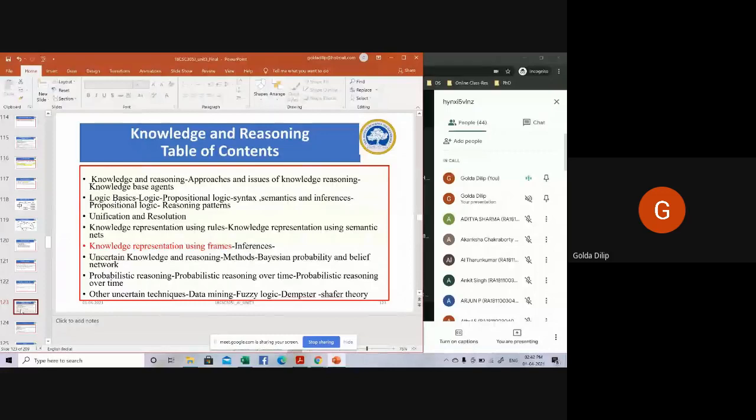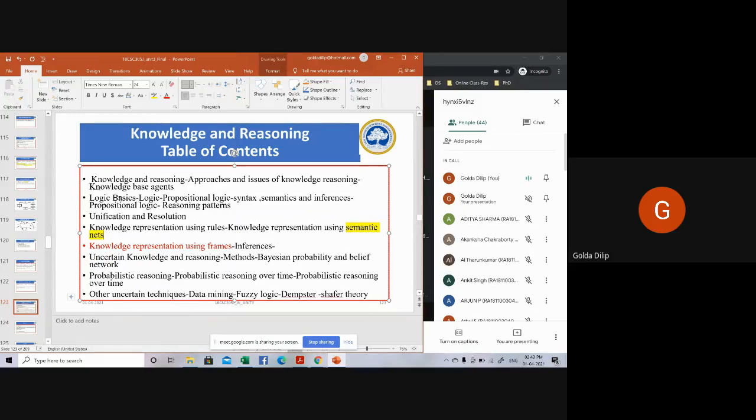The next is actually like semantic nets. We were mentioning knowledge representation techniques, and I told you it's through diagrammatic representation of knowledge.